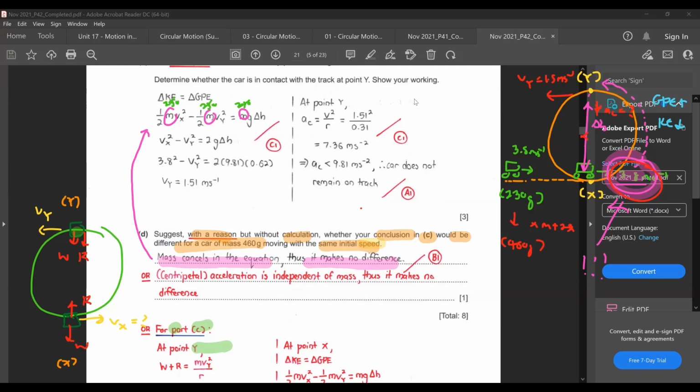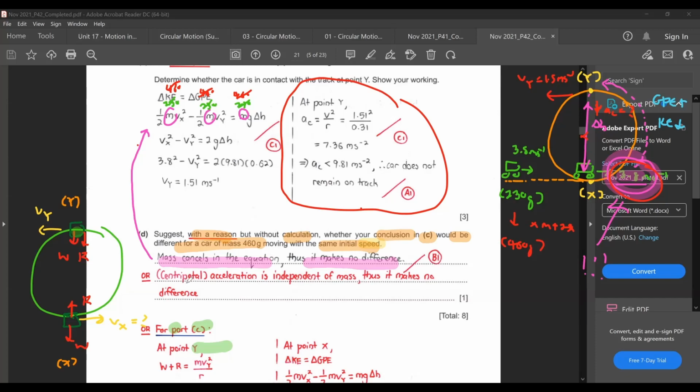Even if you were to change it to say 460, they will still completely cancel. So no matter what mass value you use, they will just completely cancel off. So it actually makes no difference. Eventually, you come back to this same conclusion where your actual centripetal acceleration is less than 9.8, you won't remain on the track.